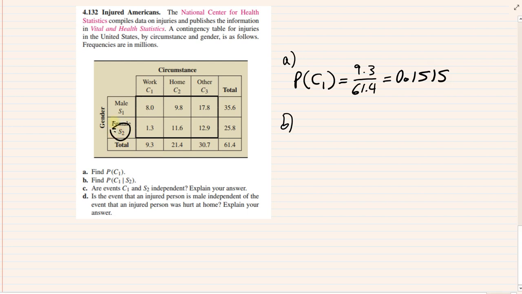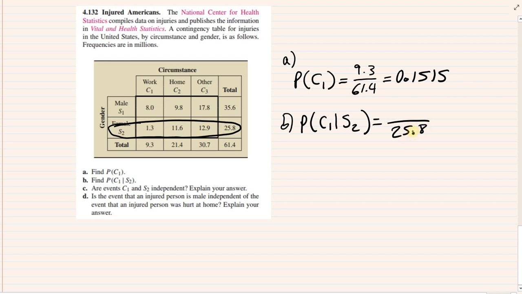So C1 given S2 means given the selected individual is female, what is the probability that the injury happened at work? Given S2, from the table we only look at the female group, which is 25.8.